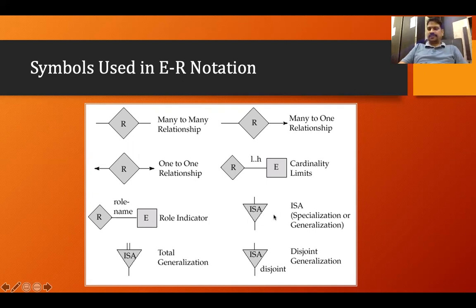So all these are the different symbols that we'll use to create the ER diagram. And why do we use the ER diagram? We use the ER diagram to represent the database management system on pen and paper. As I told you, the ER diagram is not an implementable model. It is just a reference model that we will use before actually creating the database management system.